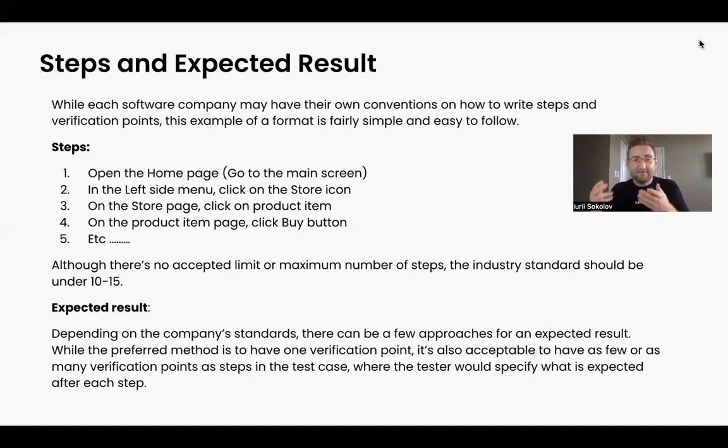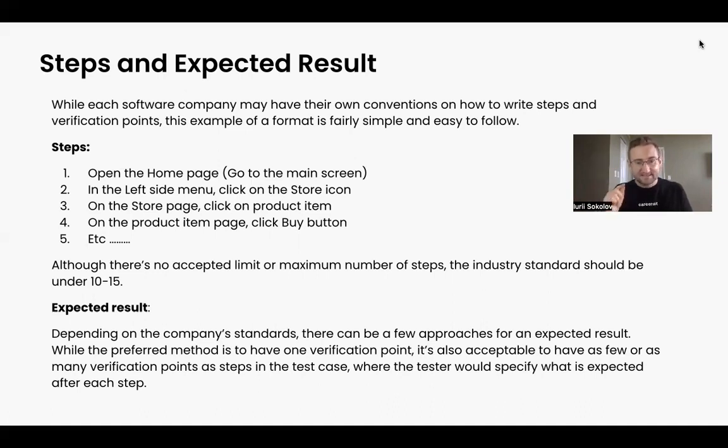So it's okay, even if you want to have just one main verification point or expected result, you can still add one or two extra ones if they're really, really important. It's going to be a reminder to check something for you, right? To not forget that this also happens. So it's fine.